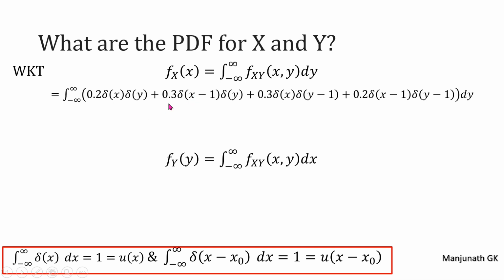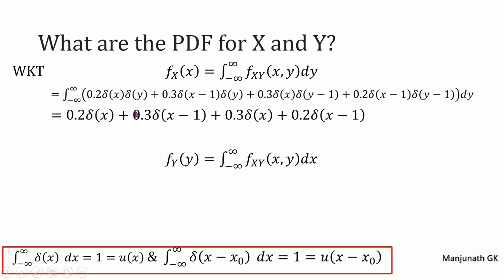Similarly, from the second term, 0.3 and delta of x minus 1 are constant, take them outside, so this can be replaced by the value 1. Similarly, from the third term, 0.3 and delta of x are constant, so take them outside. As a result, only these terms are remaining. Do the simplification: 0.2 plus 0.3 is 0.5, 0.3 plus 0.2 is 0.5. So fx of x is 0.5 delta of x plus 0.5 delta of x minus 1.